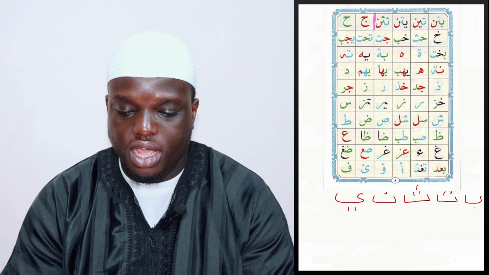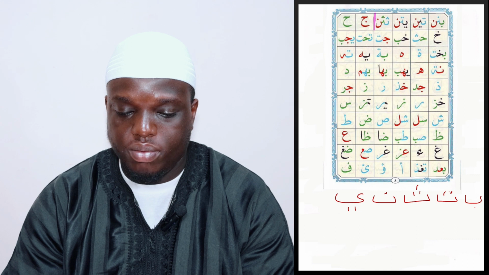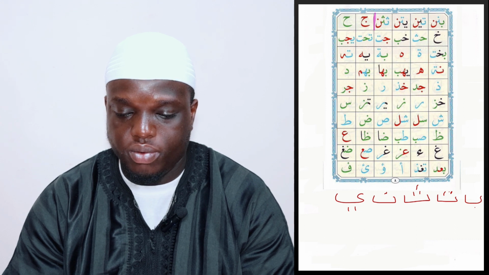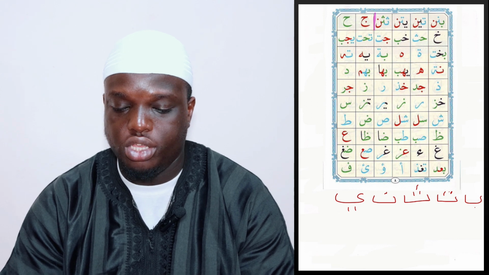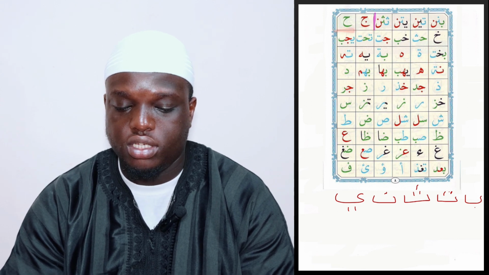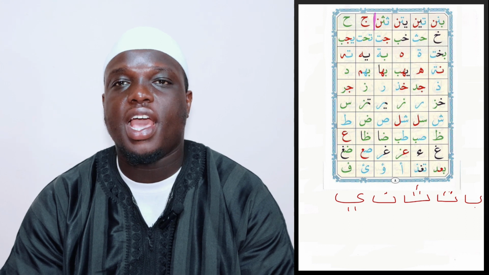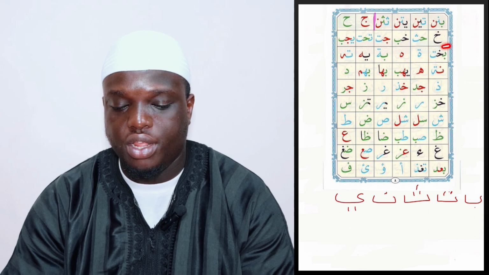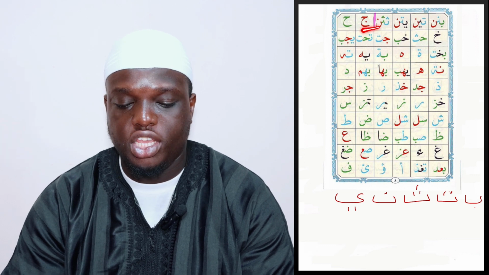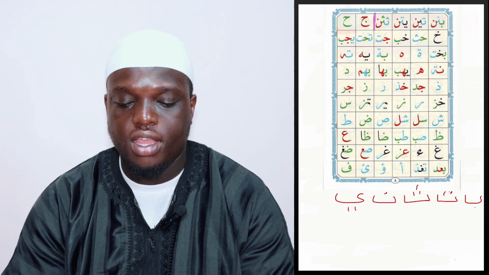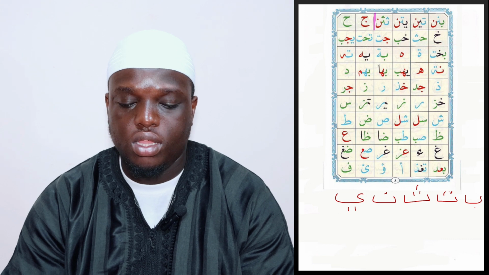Now we're looking at letters we're familiar with. What letter is this? Jim. Good. What letter is this? Ha. What letter is this? Kha. So we have Jim, Ha, Kha.